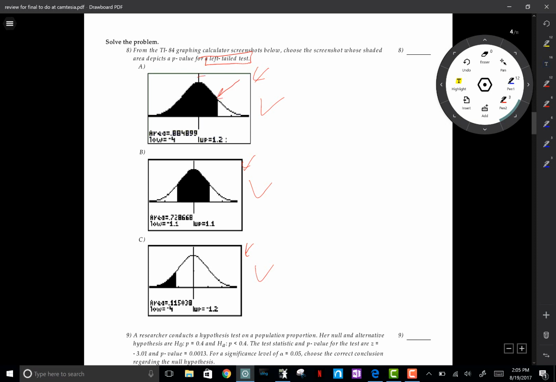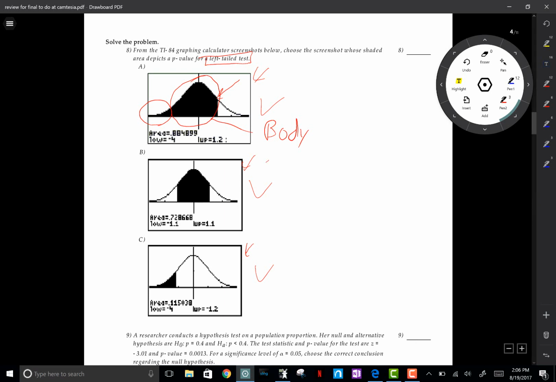Here, the body is shaded and the tail is shaded. If we're doing a left tail test, we usually only want the tail of the left side shaded. Since the body is also shaded, that wouldn't be a left tail test.